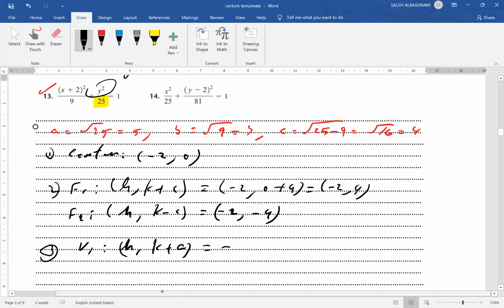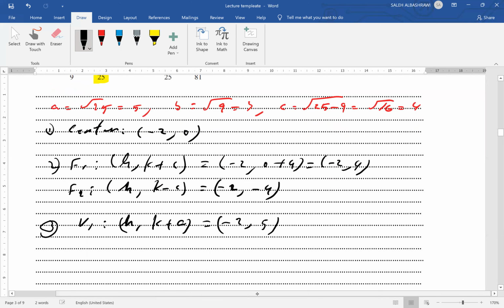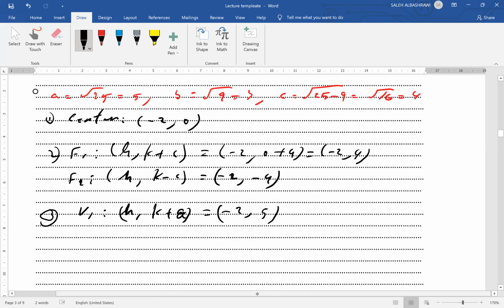That will be minus 2 and 0 plus 5, is equal to 5. So it is minus 2 and 5. And V2 will be h and k minus a. That will be minus 2 and minus 5.